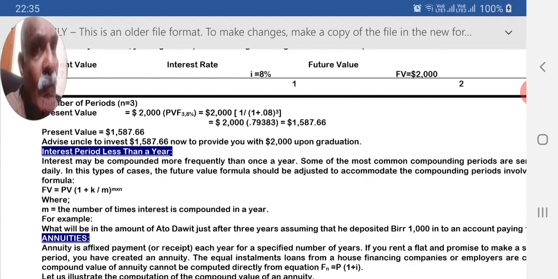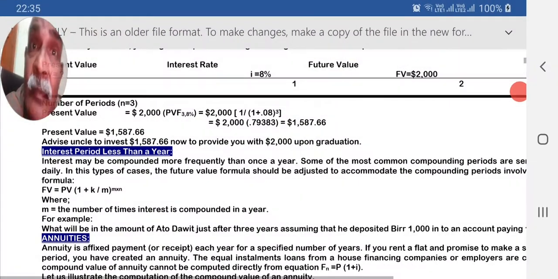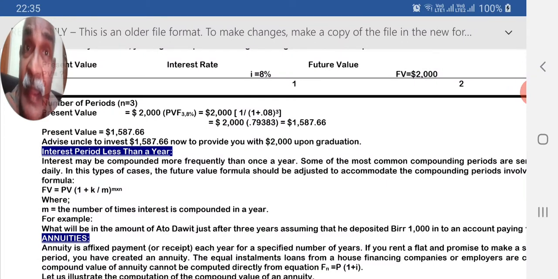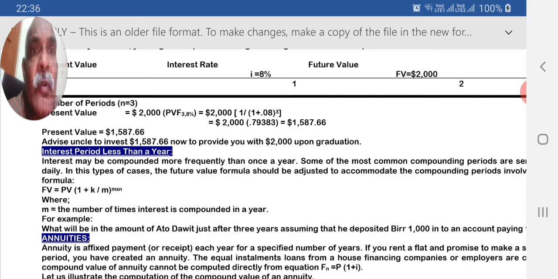N is the number of years, but m may be 1 when compounded annually, 2 when semi-annually, 4 if quarterly, 12 if monthly, 365 if daily. Is that clear?